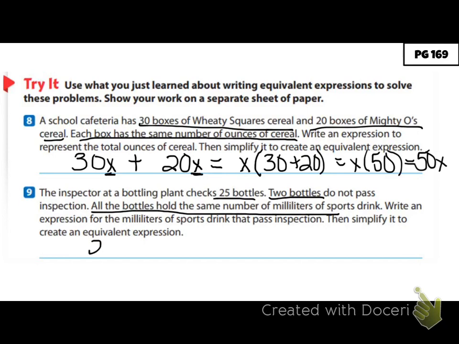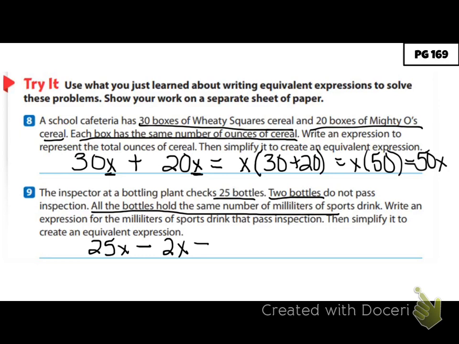So I would have my 25 bottles with x number of milliliters, and I have my 2 bottles that did not pass with x number of milliliters. What would I need to do with those? If I'm saying they don't pass, I say I'm subtracting. So even though I'm subtracting now instead of adding, my process is the same.